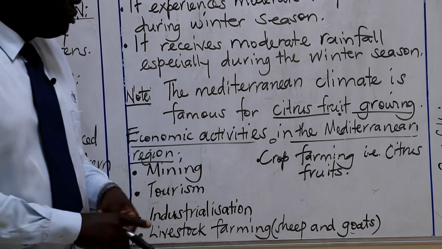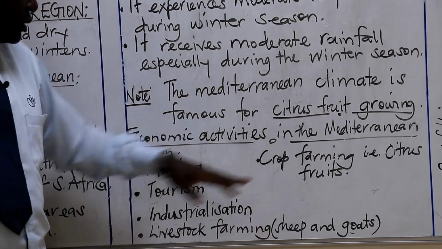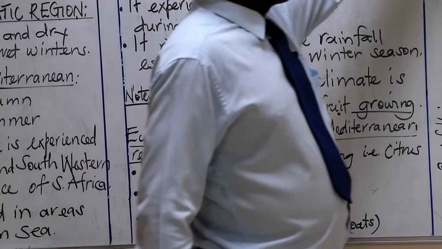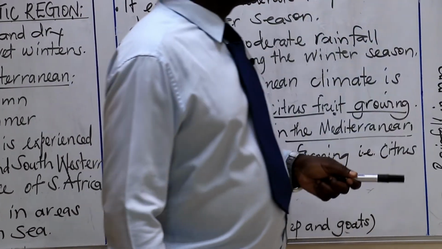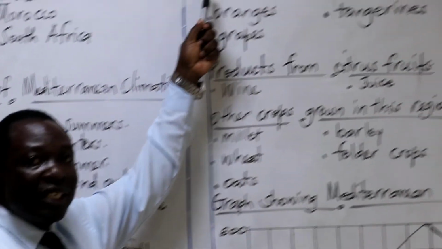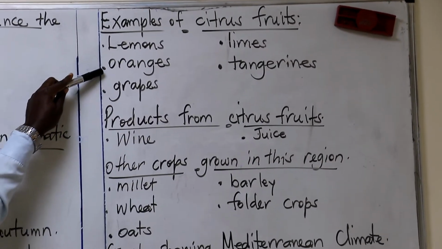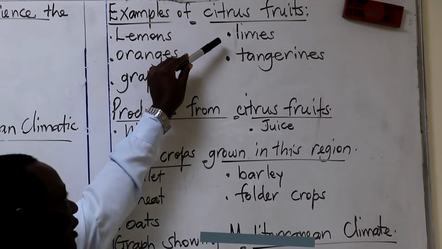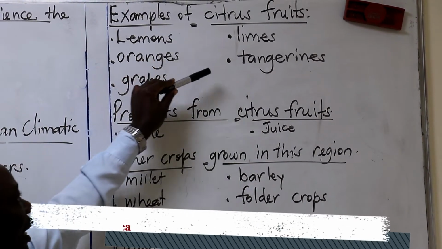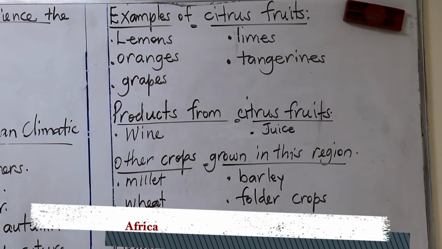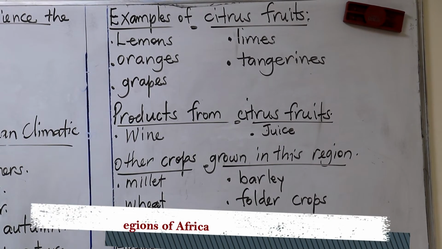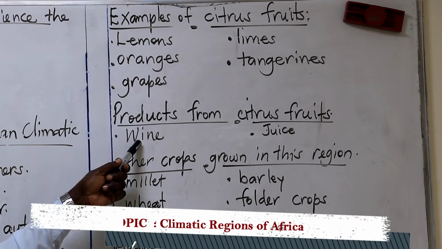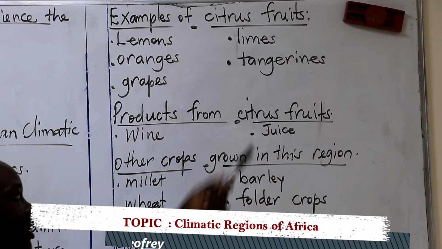Crop farming, basically the citrus fruits. Now, examples of the citrus fruits: we have lemons, oranges, grapes, limes, and tangerines. What are some of the products we get from the citrus fruits? We get wine and juice.